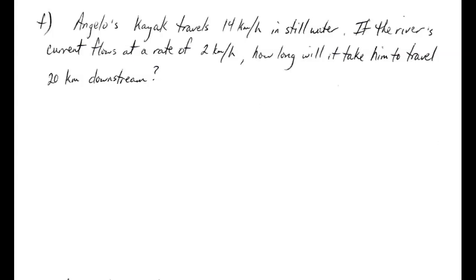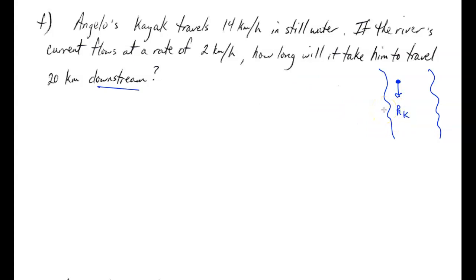Okay. So the first thing that we need to think about here is this kayak and the river and how everything's flowing. So if I got a river here that's flowing, and let's say I got a kayak here and it's going downstream, it's going at a certain rate. So I'm just going to say that this is rate of the kayak.